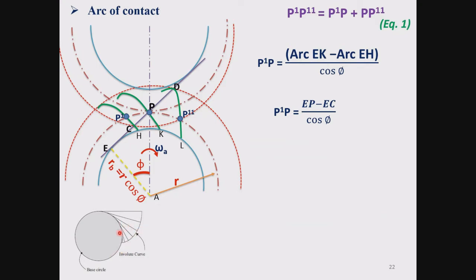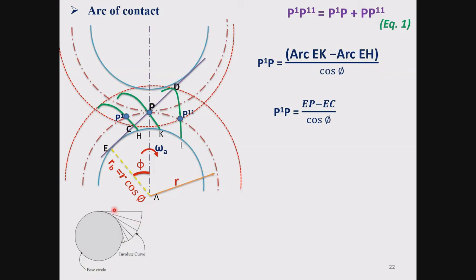When we unwound the taut string wrapped around the circumference of this base circle, any point on that string will move along the involute path. So here a taut cord is being unwound from the circumference of this base circle, by picking its endpoint. So its endpoint is tracing an involute curve.